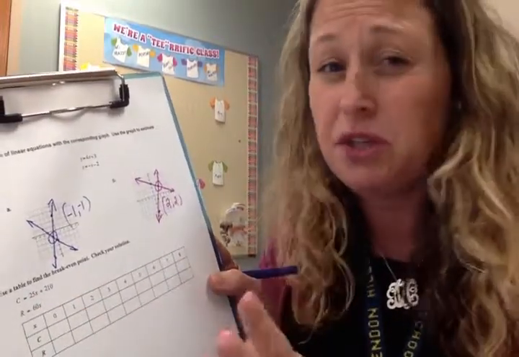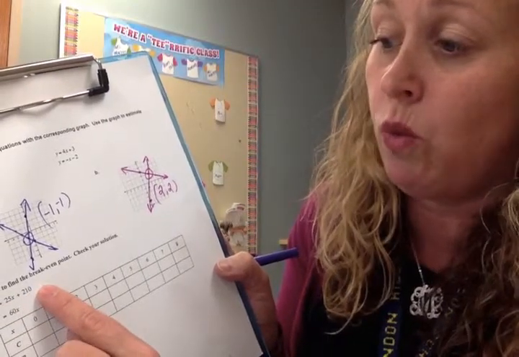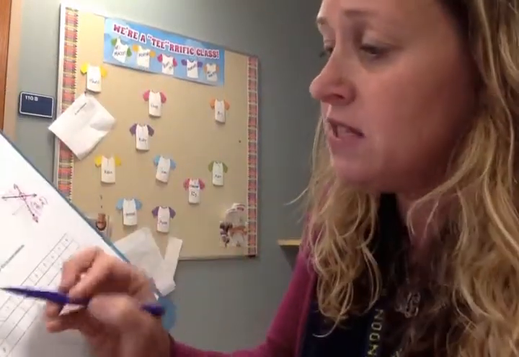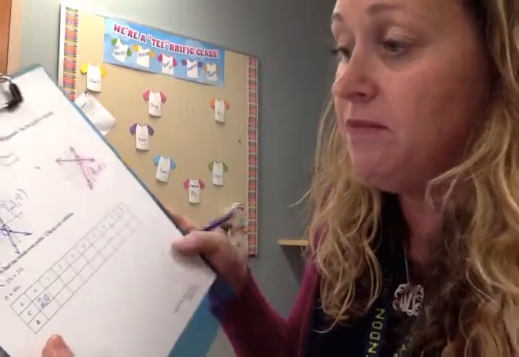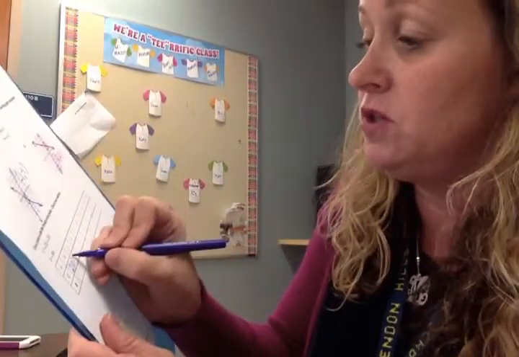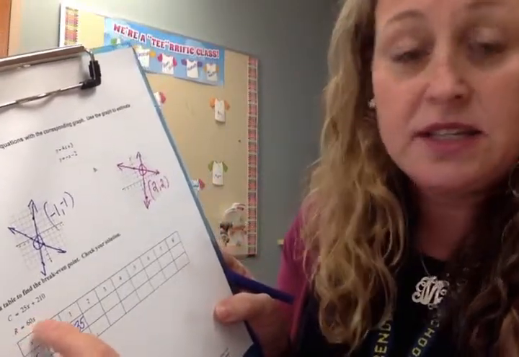This is simply a plug and chug because I have 25 times x plus 210. 25 times 0 plus 210 is 210. 25 times 1 is 25, and 25 plus 210 is 235. And then for the R, 60 times 0 is 0, and 60 times 1 is 60. Hit pause. I want you right now to complete this table.